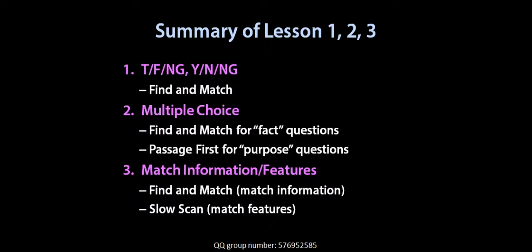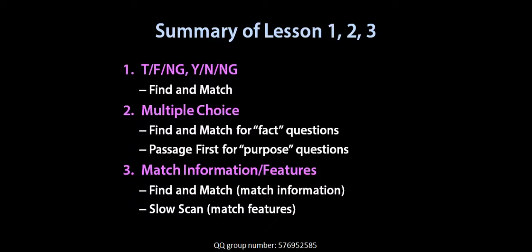But then when it comes to matching features, matching researchers, matching nationalities, we found that find and match was a little bit inefficient. We were scanning the same parts of the passage again and again and again, looking for those answers. So we found that a different strategy was more effective, the slow scan.